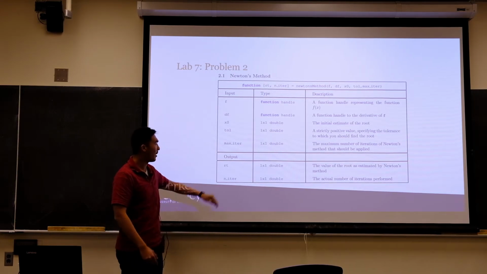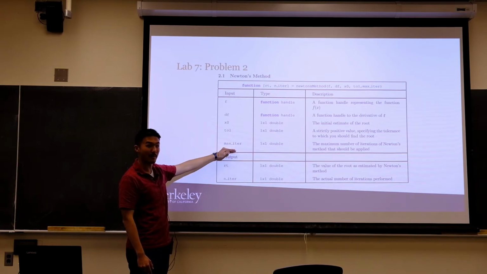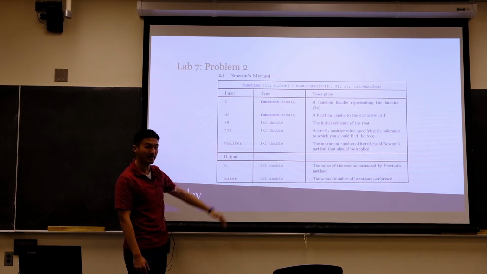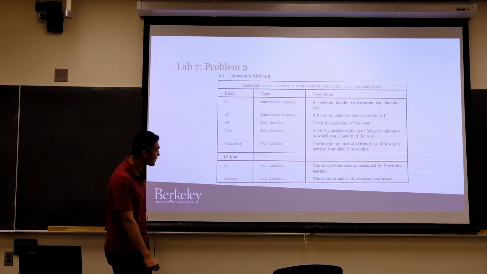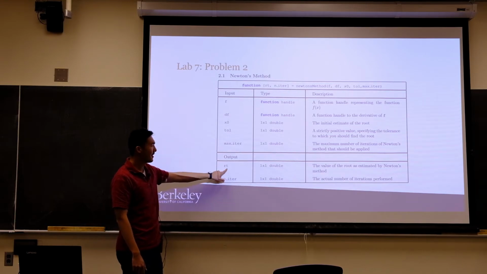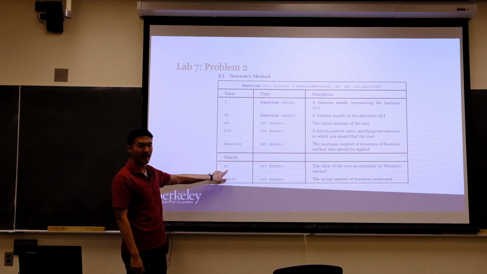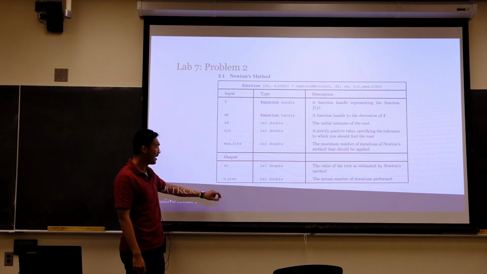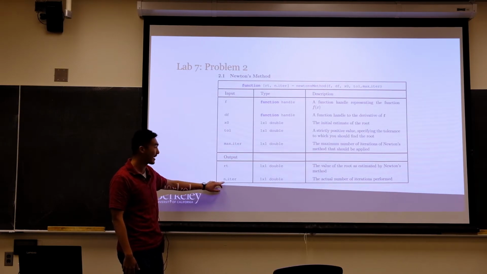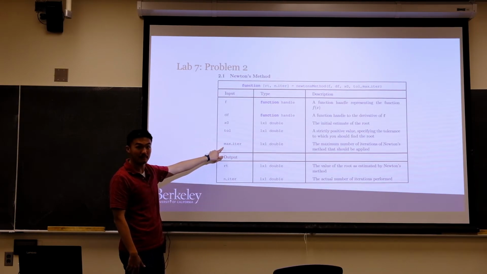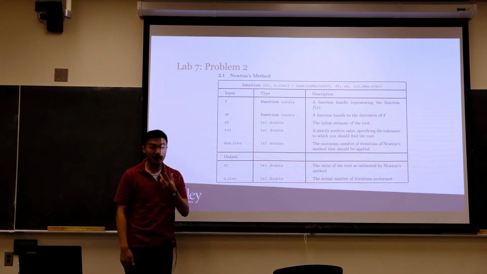So we want to cap the number of iterations. So we have a max iter. It's a cap on the number of iterations we want you to run. Then out pops the value of the root as estimated by this function, as well as the number of iterations it actually had to run through.